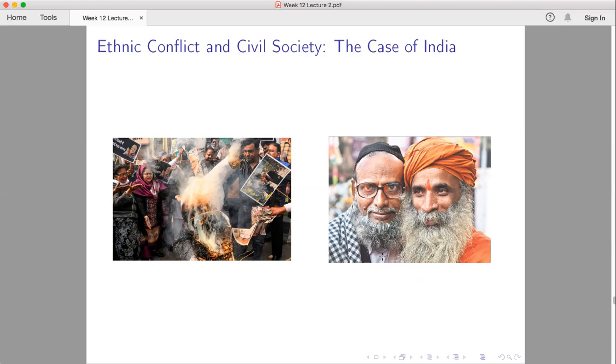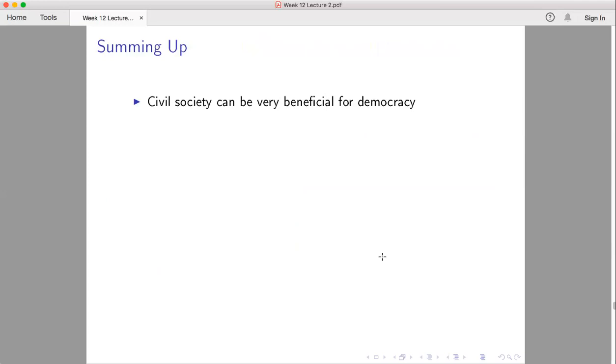Okay, so we're going to end this lecture here. And just to sum up the lessons that we have from civil society, because we're moving to a different topic next week, civil society can be very beneficial for democracy. We've seen in the case of Italy, and even in the case of Surat, right, that civil society has the ability to organize citizens and mediate their interests to the state.